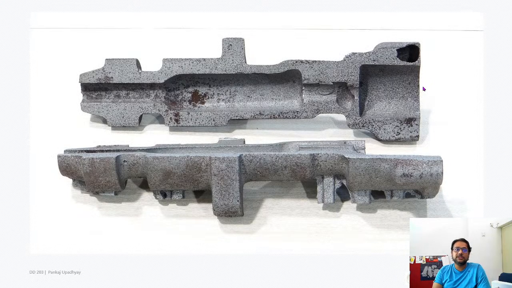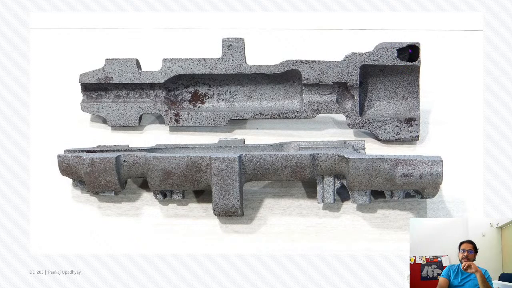Okay, and blowholes, sometimes you will not be able to see if there are blowholes in the casting unless you do some special kind of tests like ultrasonic, X-ray and dye penetration tests. So these are typical tests that are done, and in this part which is cut in 2 halves, you can see that this is a blowhole that is created.